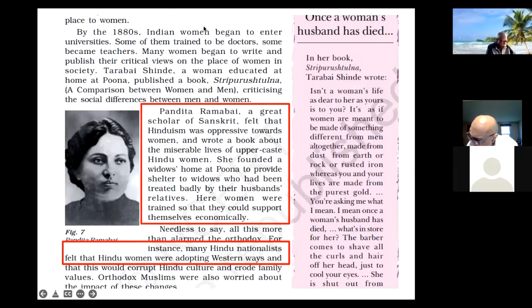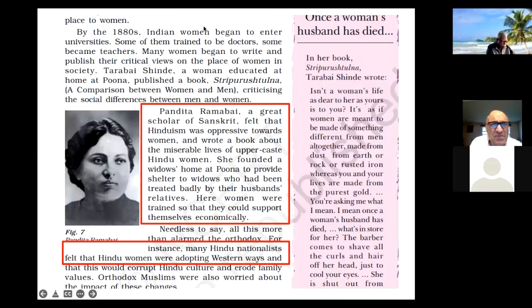She and her brother, they started exhibiting their knowledge of Sanskrit and Sanskrit texts. And as a result, the well-off families of Pune welcomed them with open arms, and they decided to support financially this girl.